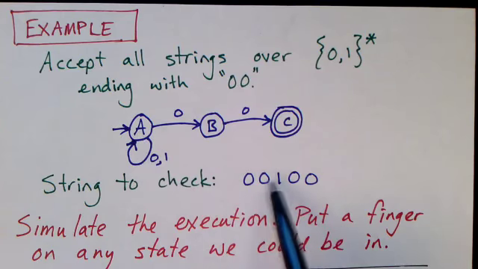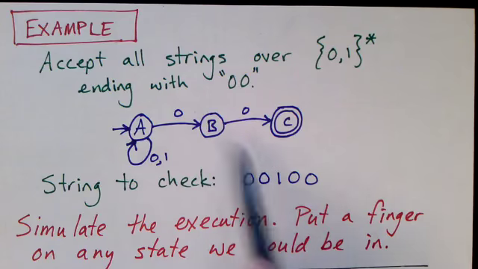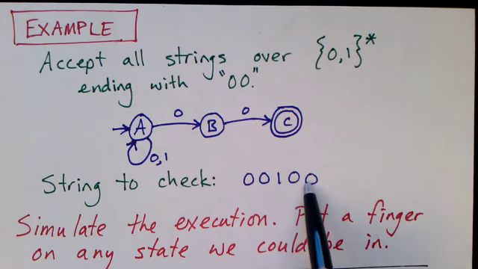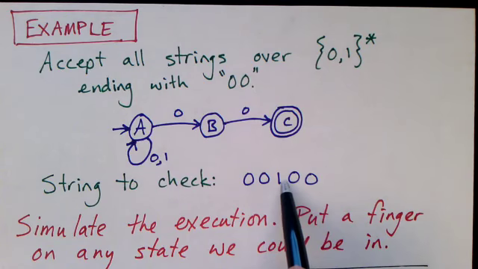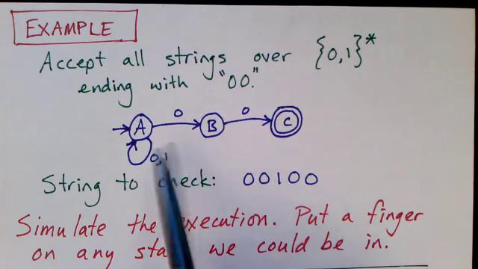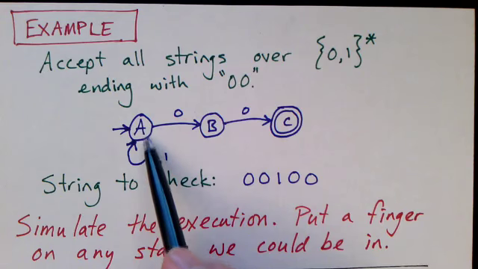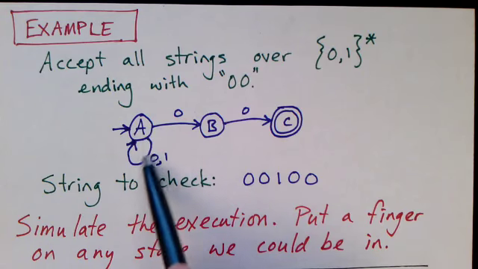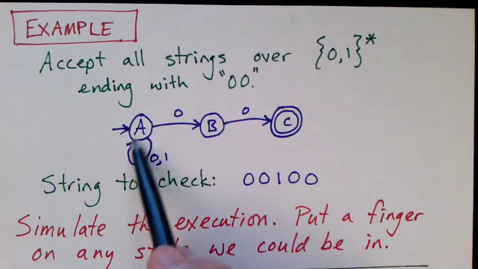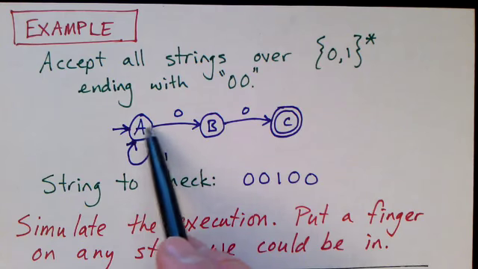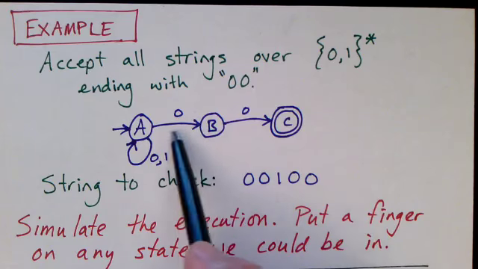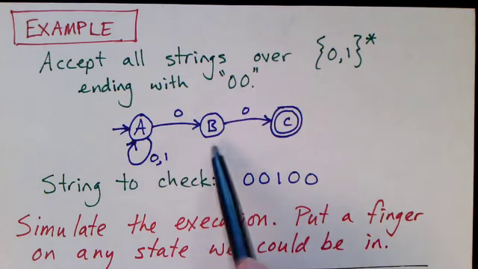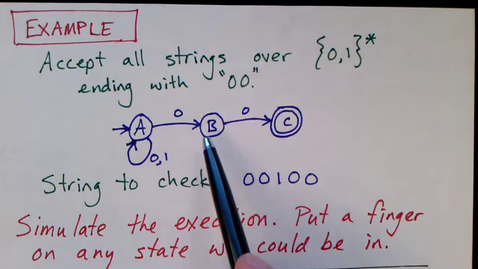Well, we could look at it and say it does end in these last two zeros, so don't go to B until this point right here. But that's using information that the finite state machine can't use. We can see as humans that we need to take this transition 3 times, 0, 0, 1, and only then do we take this transition. But the finite state machine doesn't have that ability.